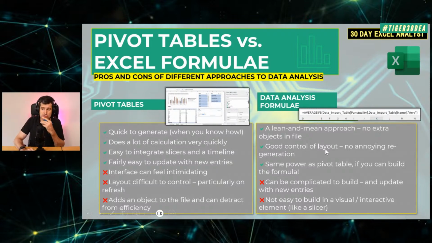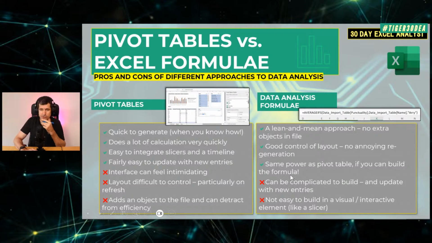It gives you total control of layout. For me, this is the main plus. When you play with a pivot table, the pivot table is going to change size. So no annoying reset or regeneration. And this is the number one reason I use things like DSUM and SUMIFS for dashboards, because I have control over how it's going to look. So it gives you the same power as a pivot table.